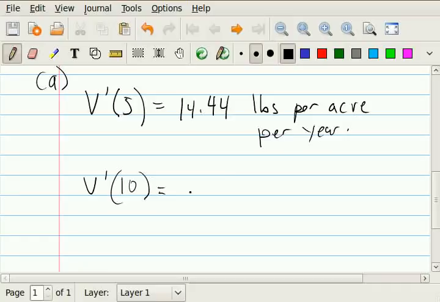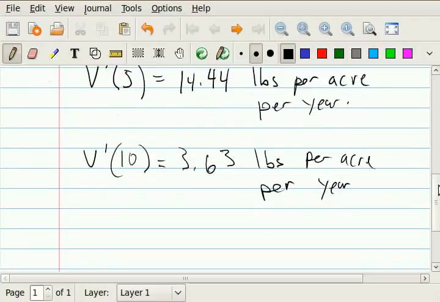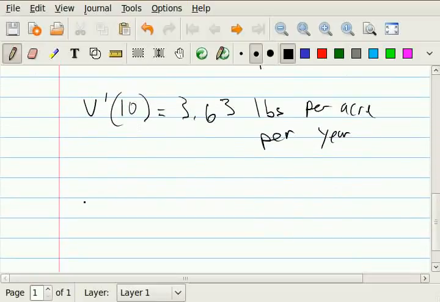Here I get about 3.63 pounds per acre per year. So that means that in 10 years from now, the yield is still growing, but definitely not quite as fast. These orchard trees are probably getting bigger, but they might have gotten closer to their maximum size, so the yield isn't growing very much from year to year.